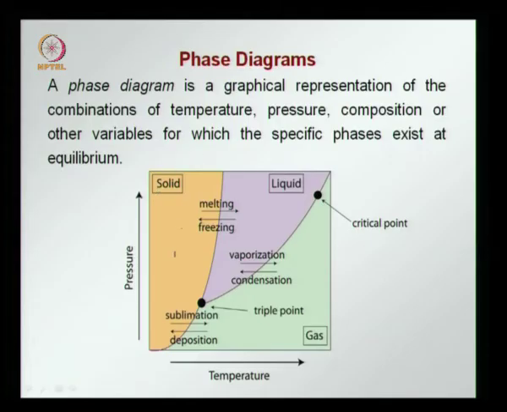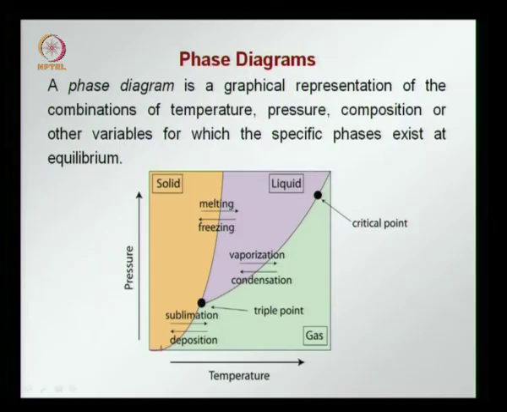The orange is the solid part, that is within this orange area there is the existence of the solid phase, in the purple we have the liquid phase, and in the green we have the gaseous phase. Between these areas of different colors we have lines where different phases can coexist. Along this line we can have the coexistence of both the solid and liquid phase.